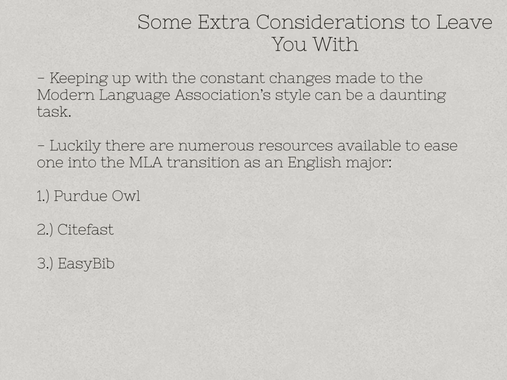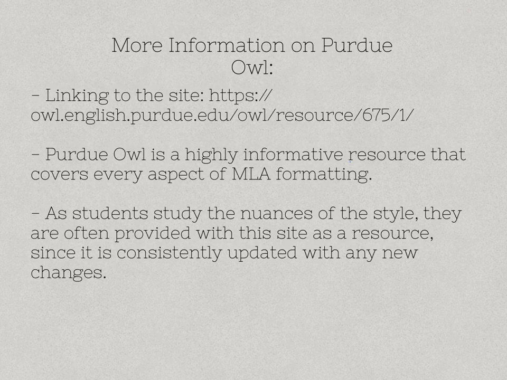These are the Purdue OWL website, CiteFast, and EasyBib. The Purdue OWL website is a highly informative resource that covers every aspect of MLA formatting. And as students study the nuances of the style, they are often provided with this site as a resource, since it is consistently updated with any new changes.